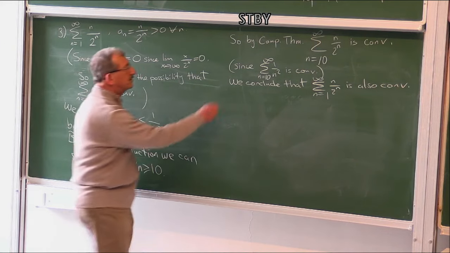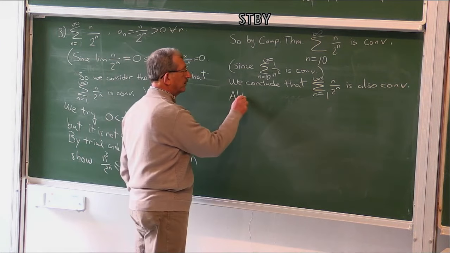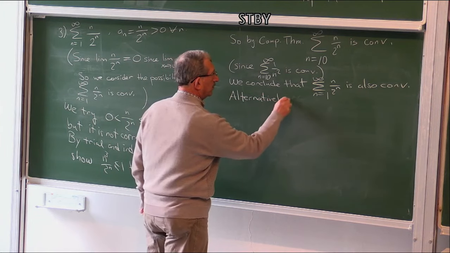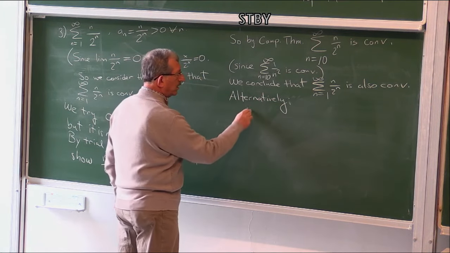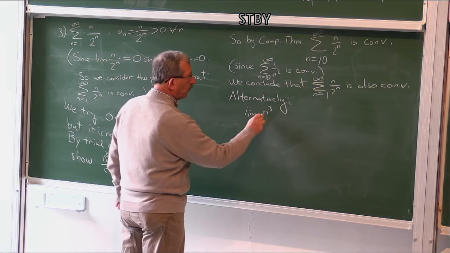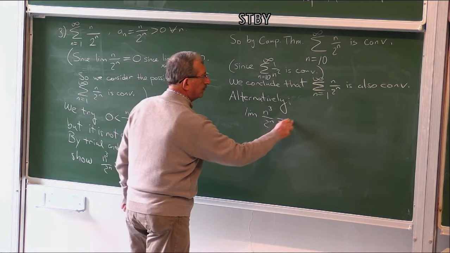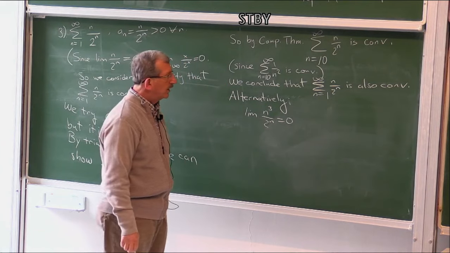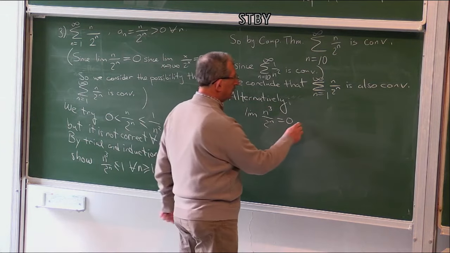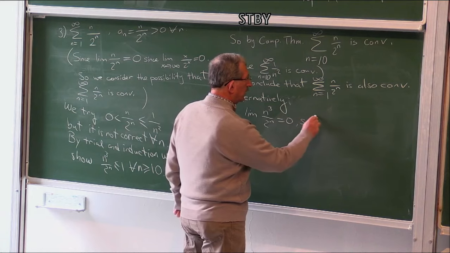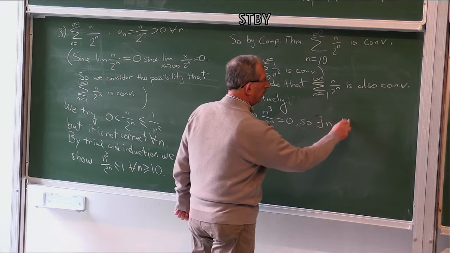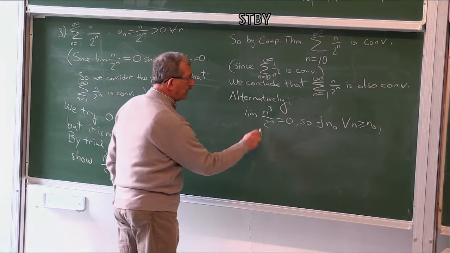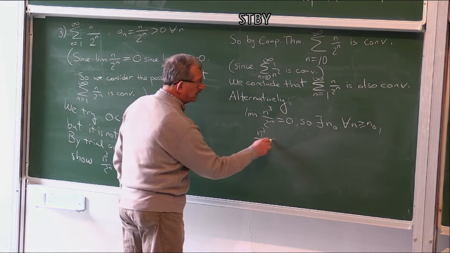So, alternatively, we could have said the following. The limit of n cubed over 2 to the n is 0. We can show this as before. So there is an n0 such that for all n after that, n cubed over 2 to the n is less than 1.